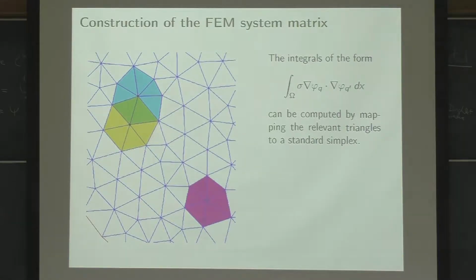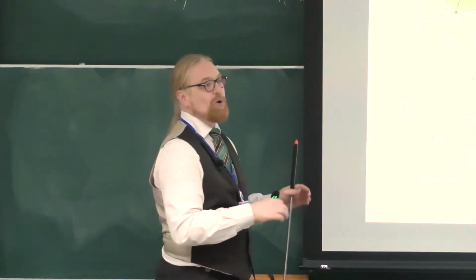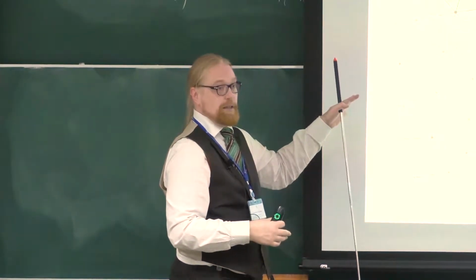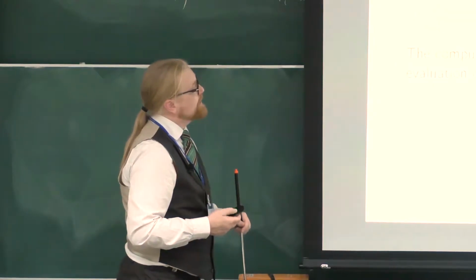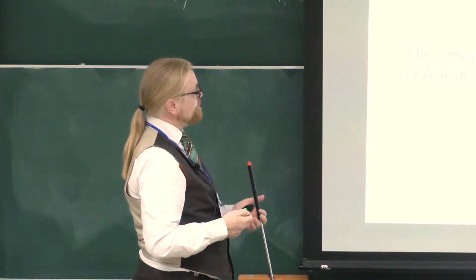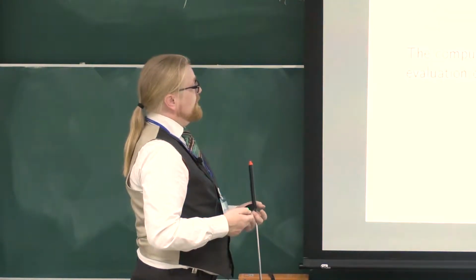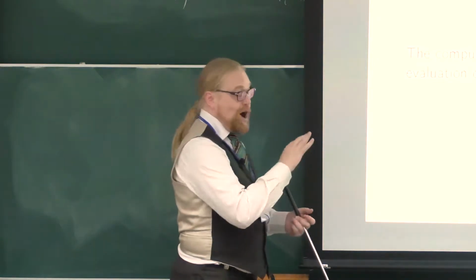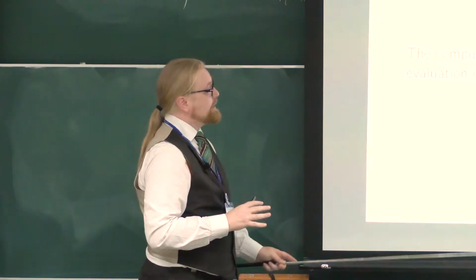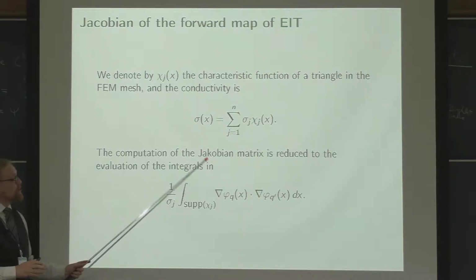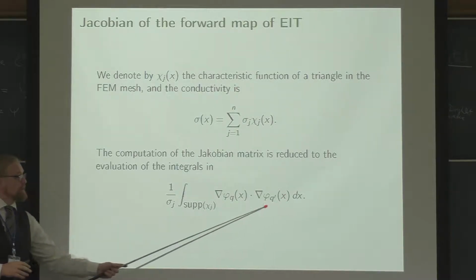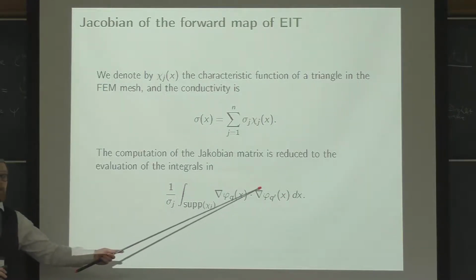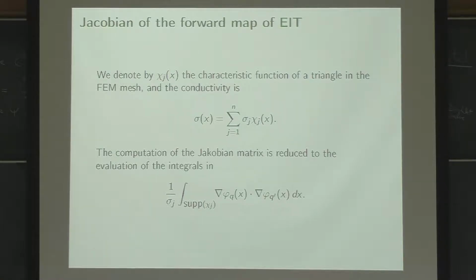So it's a programming task to go through all these pairs and see if there's intersection, and if there is, then integrate. This kind of thing. And also, after some computations, it can be seen that for the Jacobian matrix, it also boils down to computing this kind of integrals multiplied by this one.